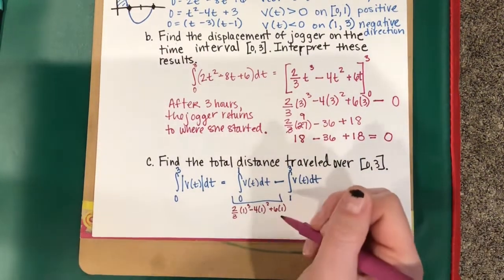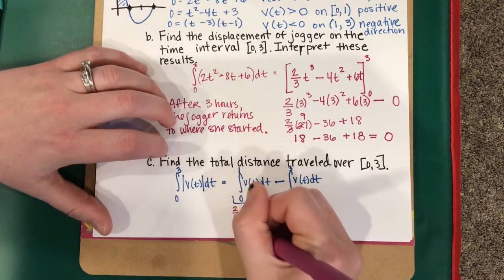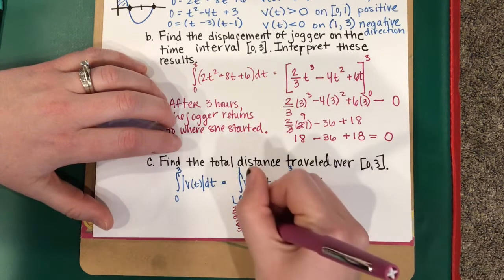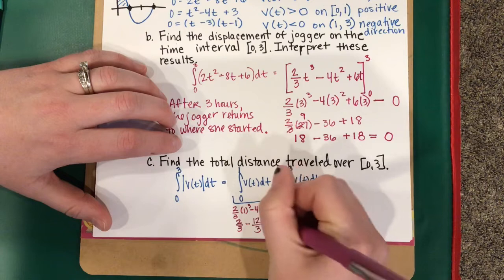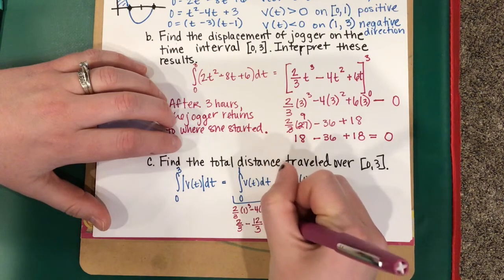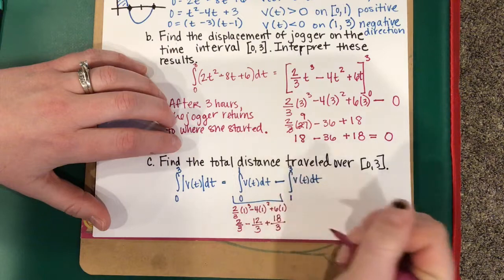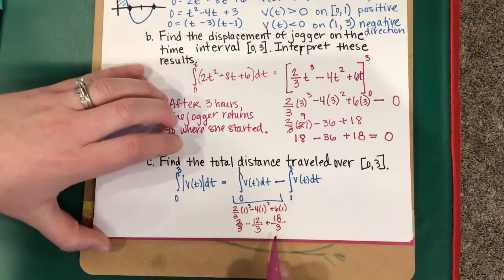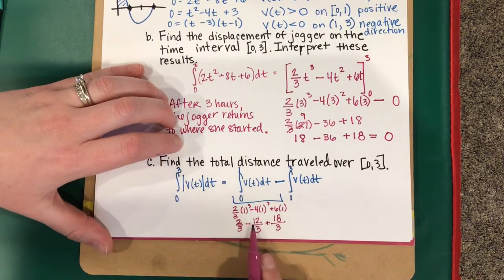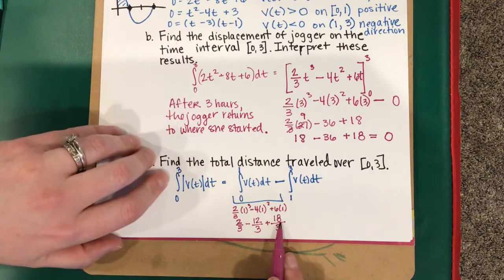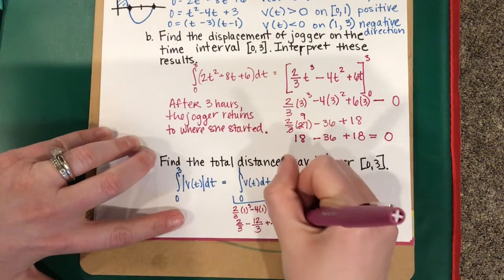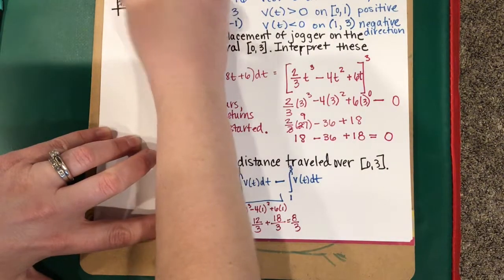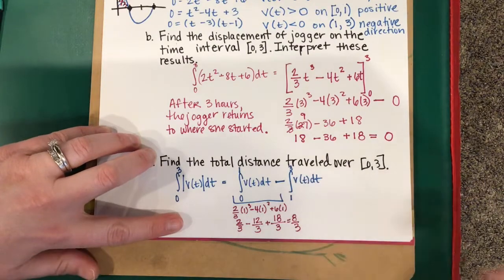So ultimately, I'm left with 2/3 minus 4, which is 12/3, plus 6, which is 18/3. And so from 0 to 1, this is going to end up giving me 2 minus 12, negative 10, plus 18 is going to give me 8/3. So up here, 8/3.